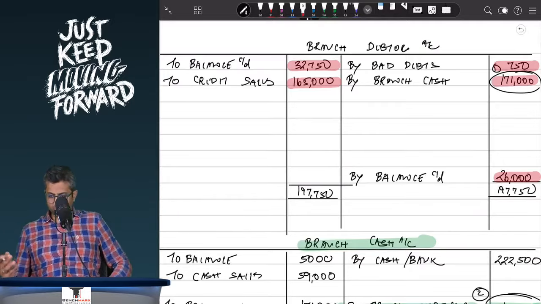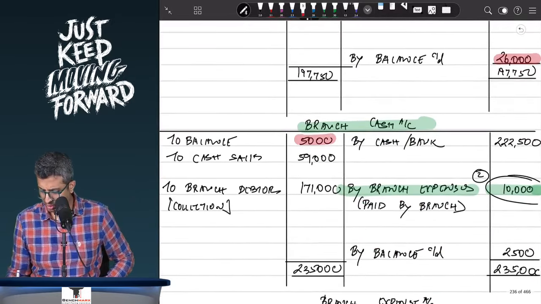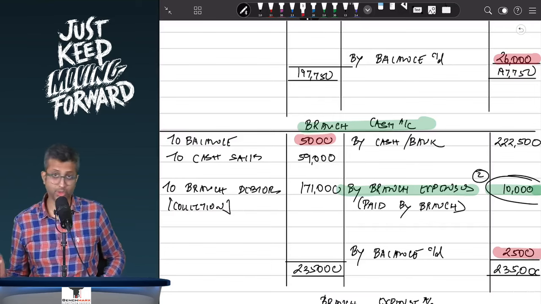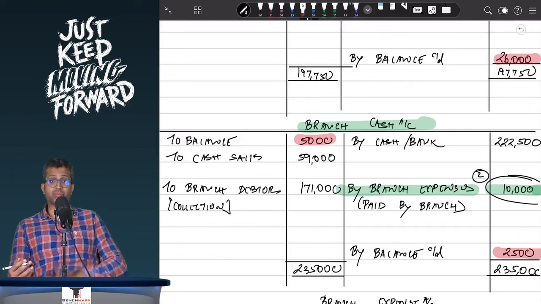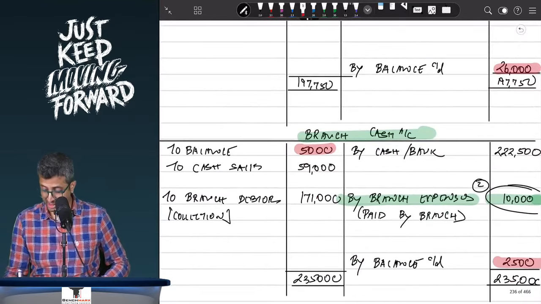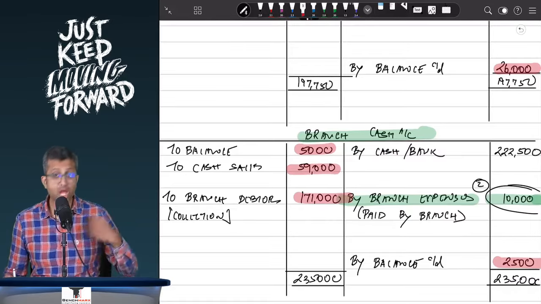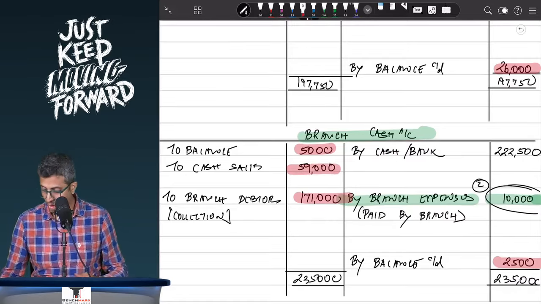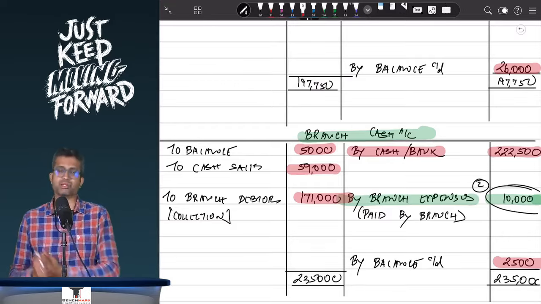So over here, when you look at your branch cash, your opening balance was 5, closing balance was 2,500. During the month, you must have collected something from the debtors, that is 171. You must have also collected something on cash sales, 59 and 171. Apart from that, you paid expenses. We don't know how much is that, but let's say that is balancing figure. And you remitted something to the head office.